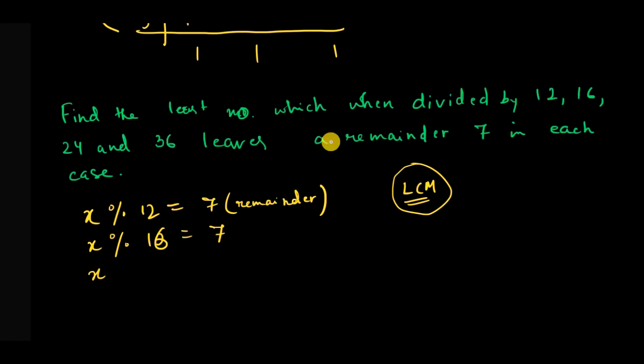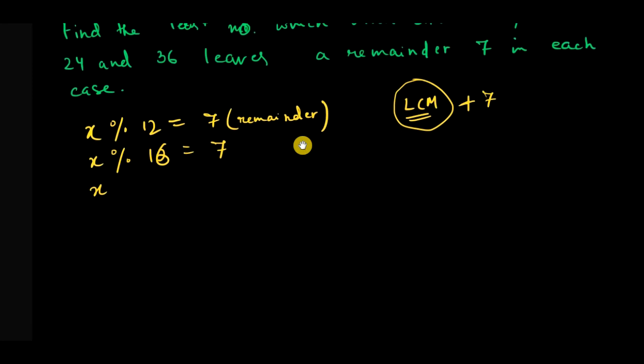Since it is the LCM of 12, 16, 24 and 36, it is divisible by all of them, right? When 12 or 16 or 24 or 36 divides this LCM, there is no remainder. And the LCM, as we have already studied, is the lowest number which is divisible by all of the four numbers 12, 16, 24 and 36. So we'll first find out the LCM, then we just need to add 7 to it. That's the answer. Let's just do it for better understanding.